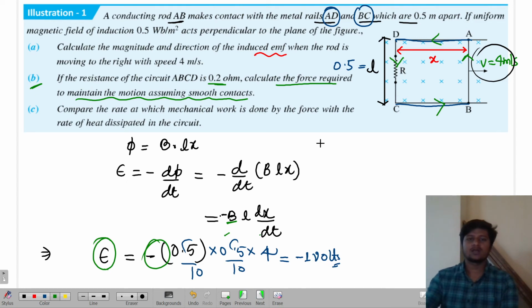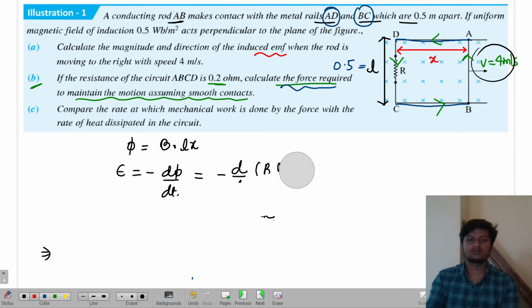So now look over here. This is a very trivial question. It has asked for the force. So now look over here, I'm erasing this part. Okay.